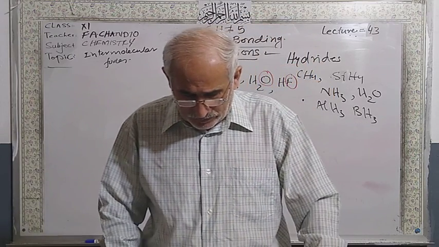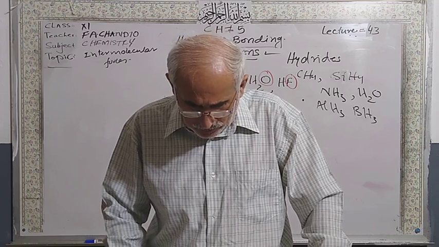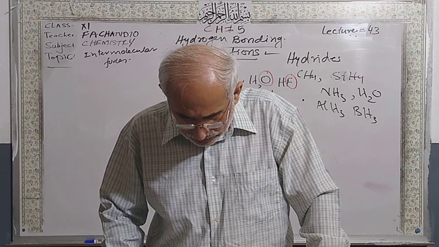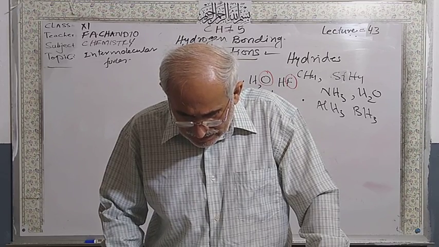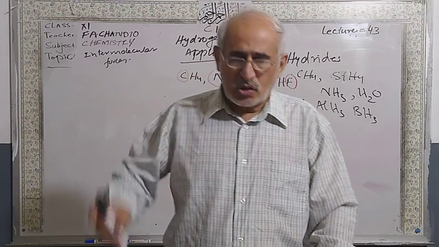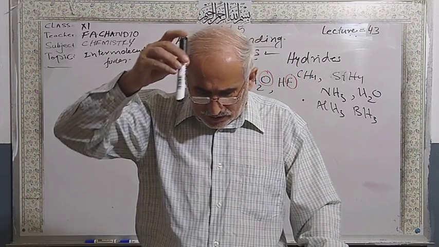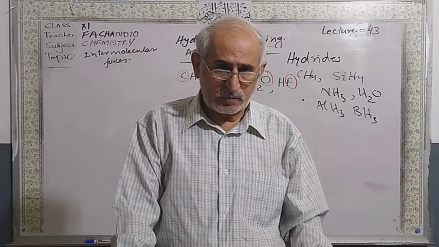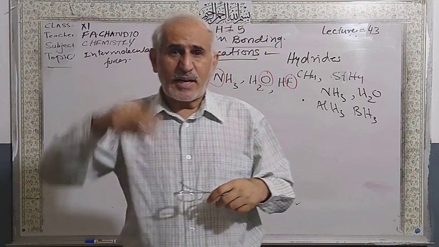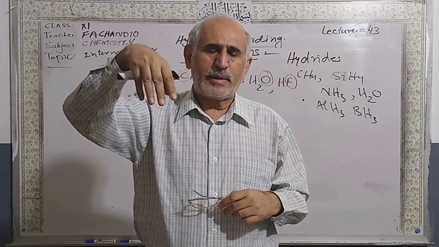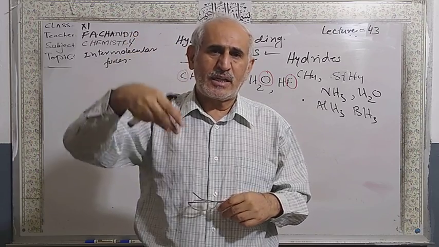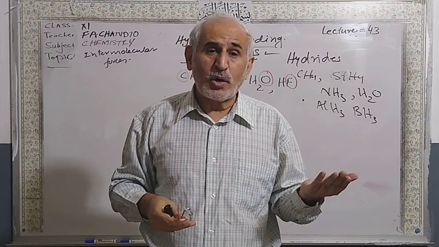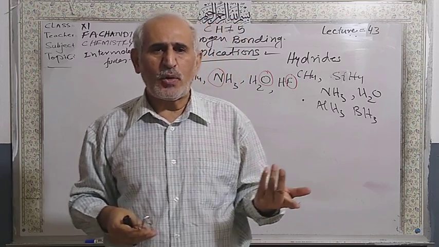But if you see the groups, group number 5: ammonia, phosphine, arsenic hydride, antimony hydride. From ammonia to phosphine, it is going to decrease, because nitrogen is a smaller atom and more electronegative than phosphorus, so it forms hydrogen bonding, while phosphine has normal dipole force.